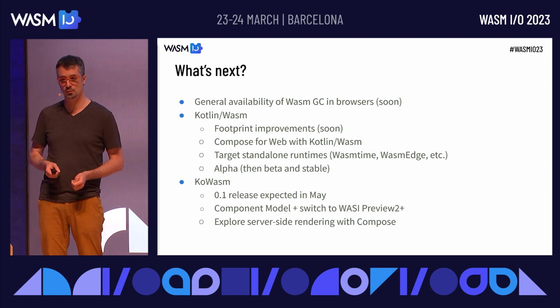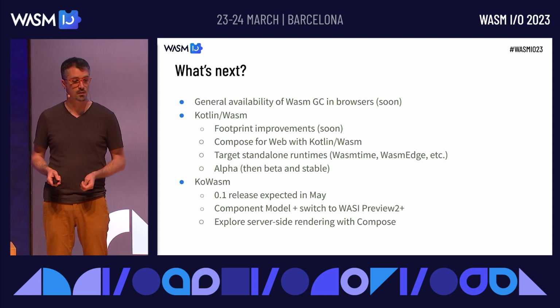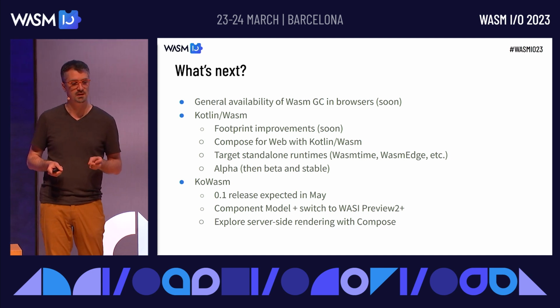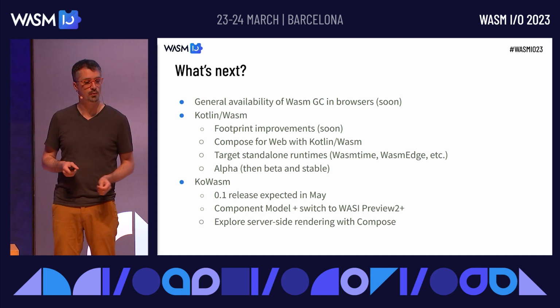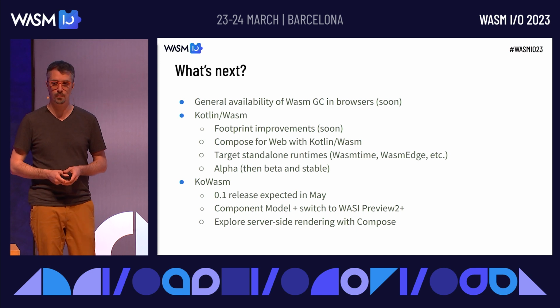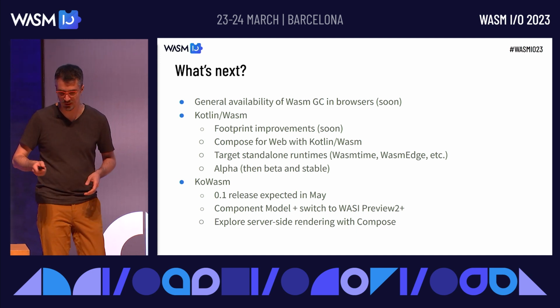Then switch to WASI Preview 2 when that's possible, and explore. So the idea I shared is a bit ambitious, so I would like to begin by exploring using Compose for web on pure server side, and then try to do the clever compiler plugin stuff later.